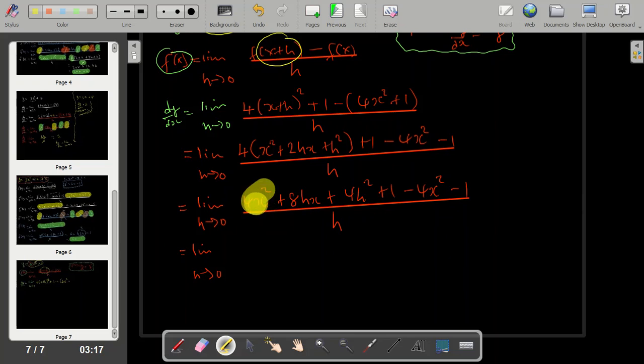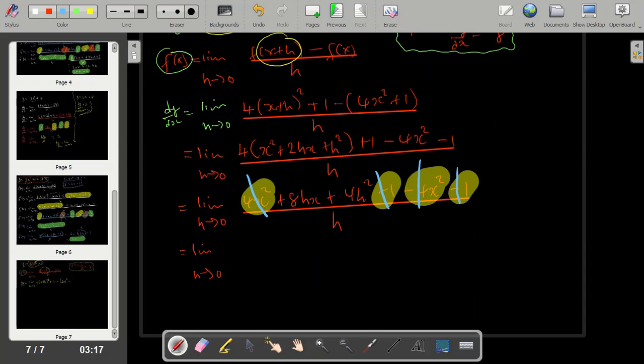We have this 4x squared and that negative 4x squared, and those two terms cancel each other. We also have this positive 1 and the negative 1, so this will cancel with that one.